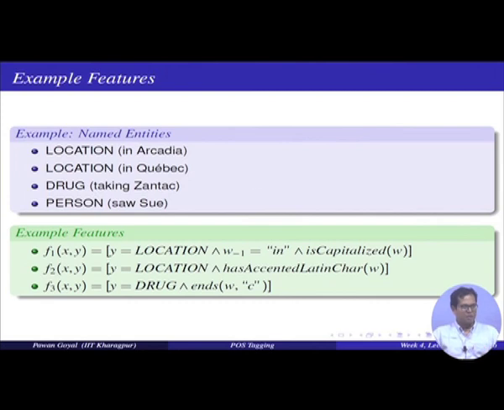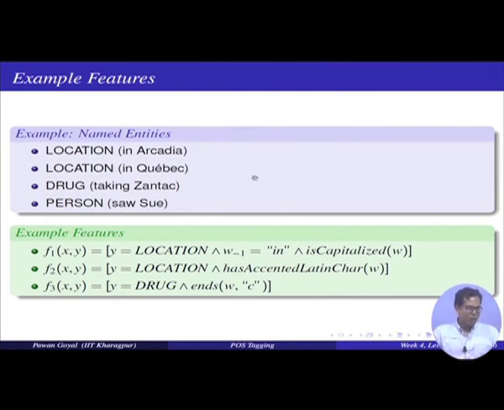Next feature: y is location and w has an extended Latin character. You can see that you are using a very arbitrary set of features, but possibly you have some hypothesis that these features will be helpful for predicting the tag for this word. For which case will it be 1? It will be 1 for the second case: it has an extended Latin character and the tag is location.